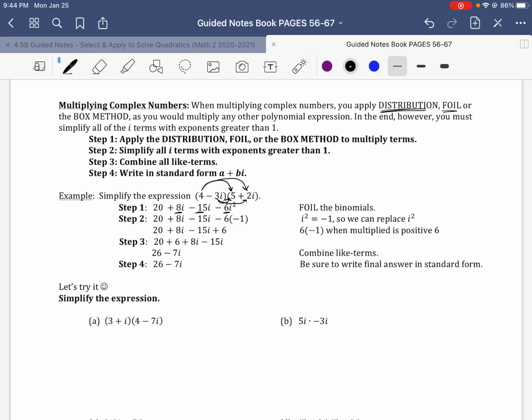And the negative 3i times 2i is the negative 6i squared. Now you'll notice in this next step, they're just combining real parts and imaginary parts. But the interesting thing is they simplify this term right here, negative 6i squared, down to negative 6 times negative 1. And I'm going to show you why that is the case.